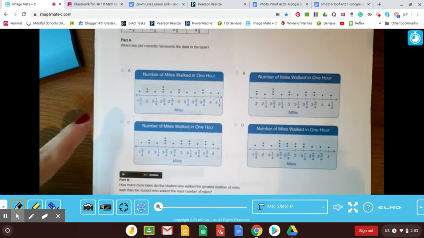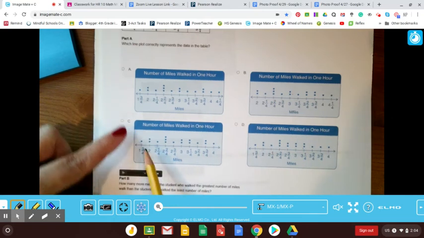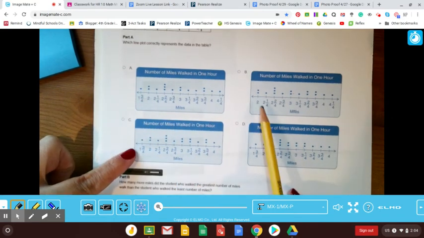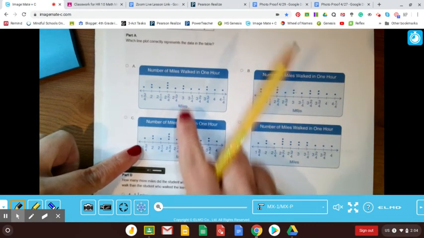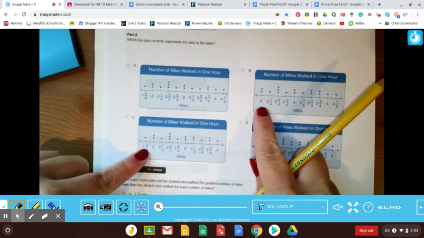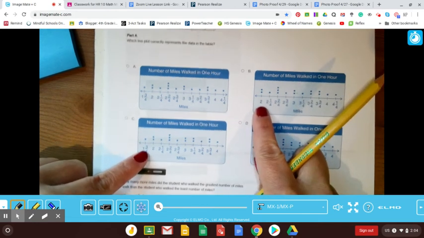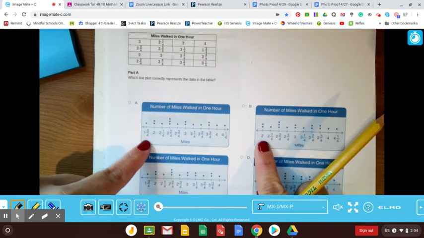The first thing I noticed, just to help you out here, is that you could look at where they start, and it looks like these three, D, C, and A, all start with 1 3/4. But look at B, that starts with a 2. So what you could do is look up here, is there actually a 1 3/4?